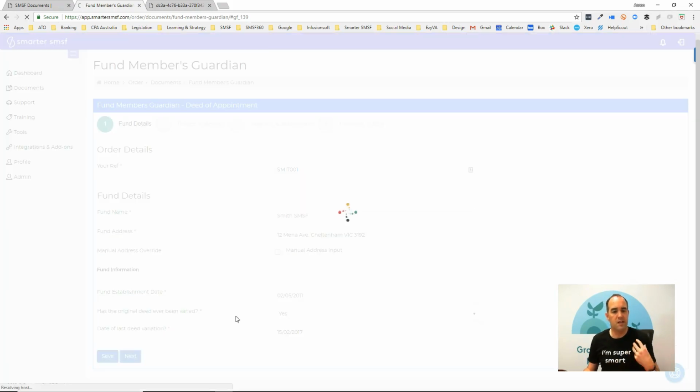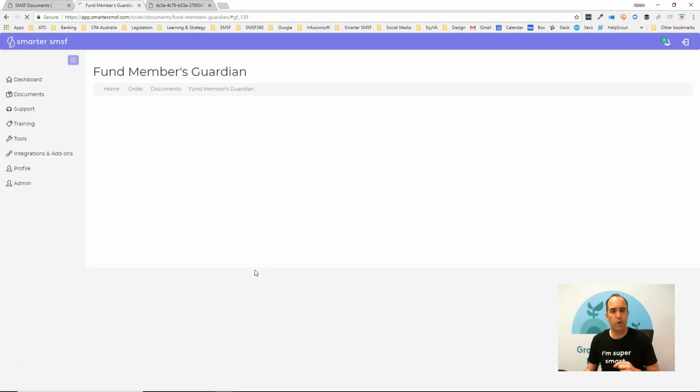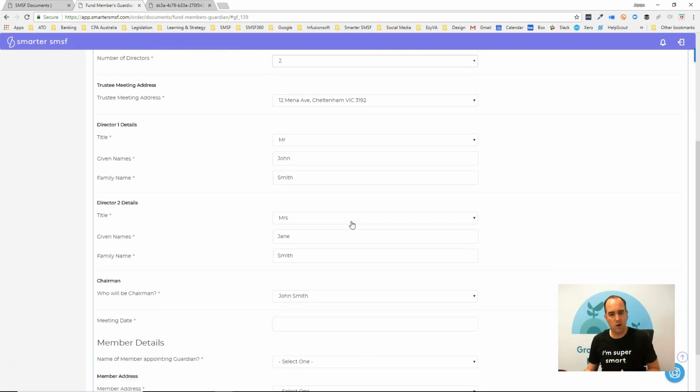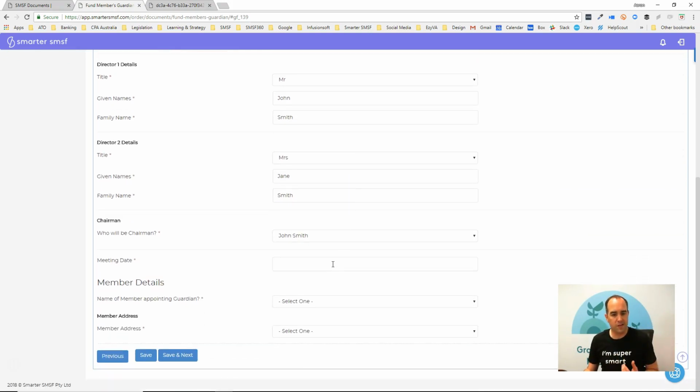So we're referencing the most current deed, which of course should incorporate the ability for the fund members guardian to be appointed. We have our corporate trustee. We also therefore select the number of directors, the address, and then we have John and Jane Smith inside this fund as the directors and members inside the SMSF.